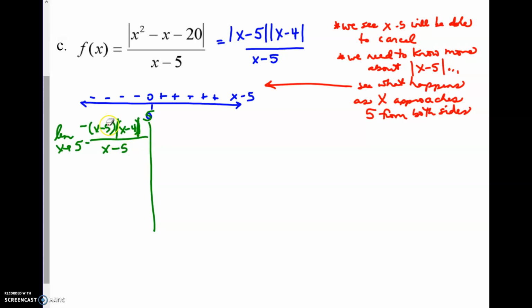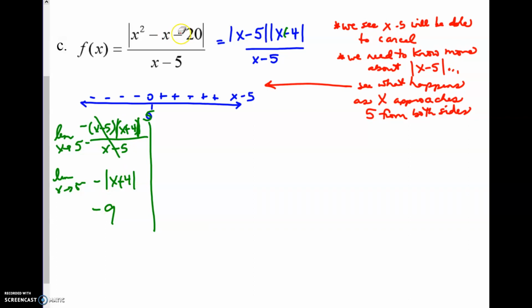On this side, yes, it cancels out. We're left with the limit as x approaches 5 from the left of negative times the absolute value of that. We substitute 5 in, and we get 5 minus 4. I'm sorry, that was supposed to be plus. It should be negative 9.